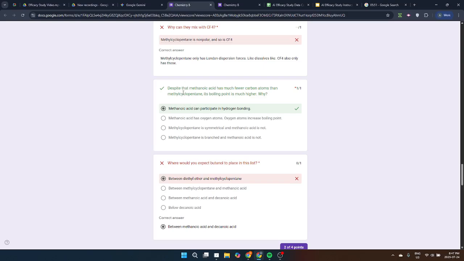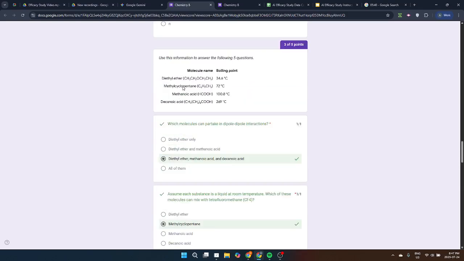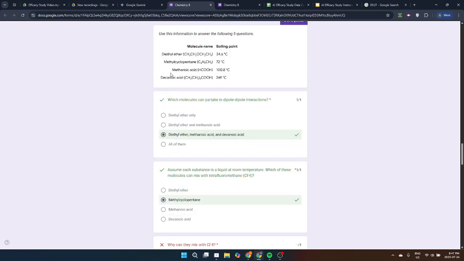And then the next question: despite that methanoic acid has fewer carbon atoms, its boiling point is much higher. This is just the difference in properties between functional groups and typical hydrocarbons.